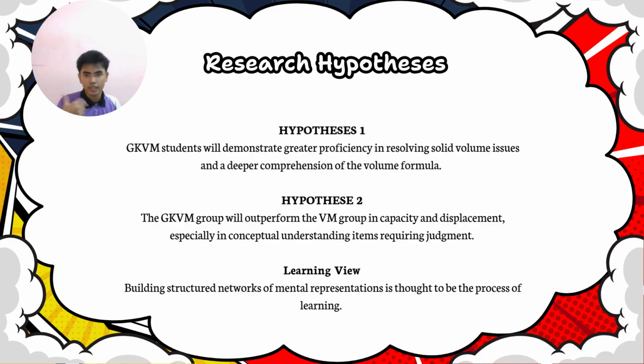They only know what is in the textbook, on the whiteboard, or in the teacher's head. But when using the internet, they know a lot because a lot of people give knowledge. Using that knowledge, they can make a lot of arguments about these geometry topics. The learning view of this hypothesis is that building a structured network of mental representations is thought to be the process of learning.